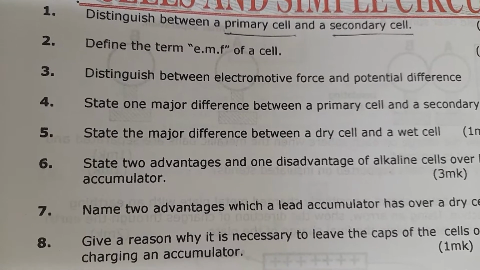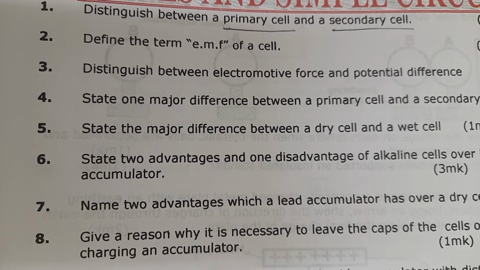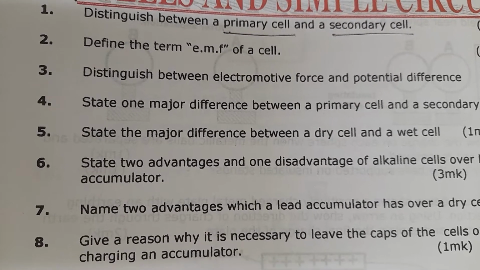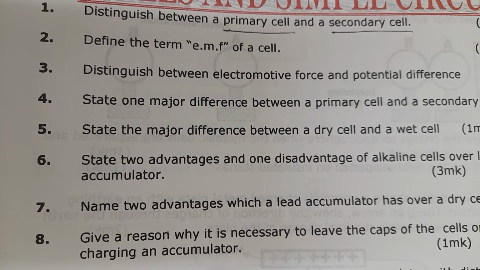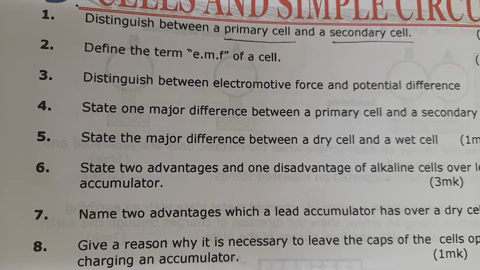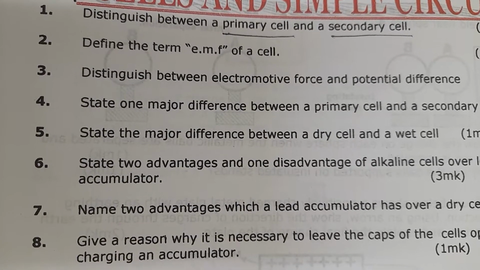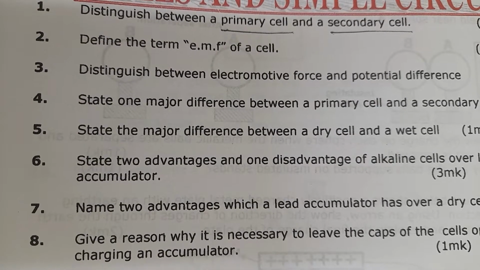Starting with the primary cell, it cannot be recharged after its cells are exhausted. A secondary cell can be recharged once its cells are exhausted. That is the main difference that exists between the two.